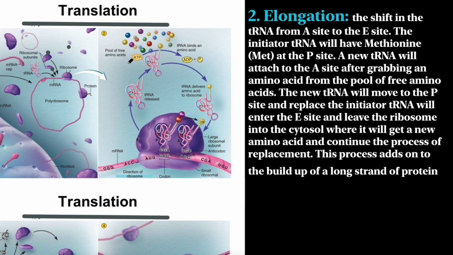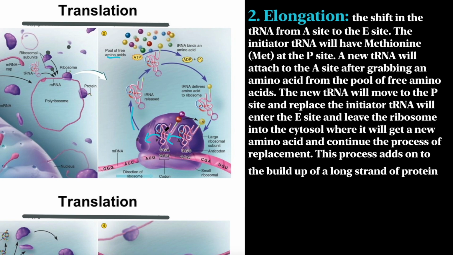Well, that's great. Now we have another tRNA, and this is just a random tRNA, and it'll go through the pool of amino acids. As we talked about in the anatomy, they have a site in which they attach the protein, but they sacrifice an ATP molecule, and they take that and go to the A site. Now when this happens, the new tRNA will replace our initiator tRNA, and the initiator tRNA will move to the E site, in which they just leave.